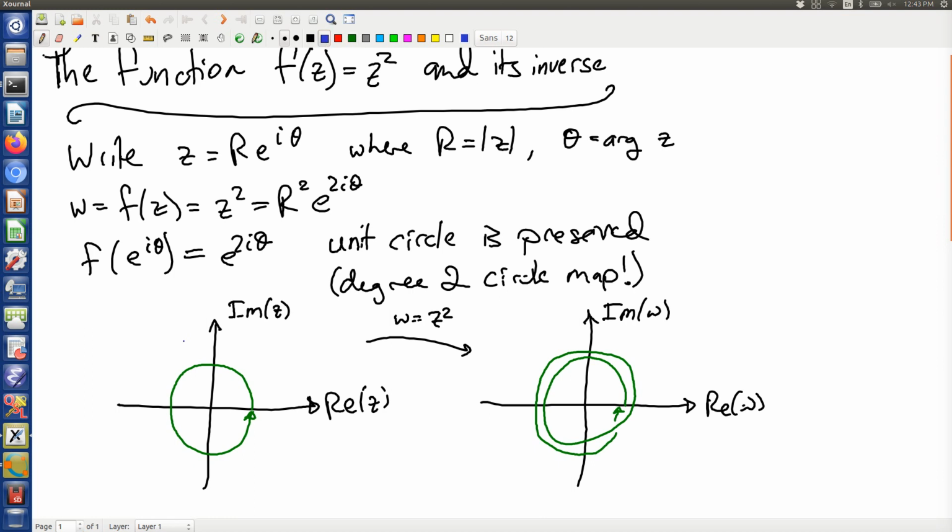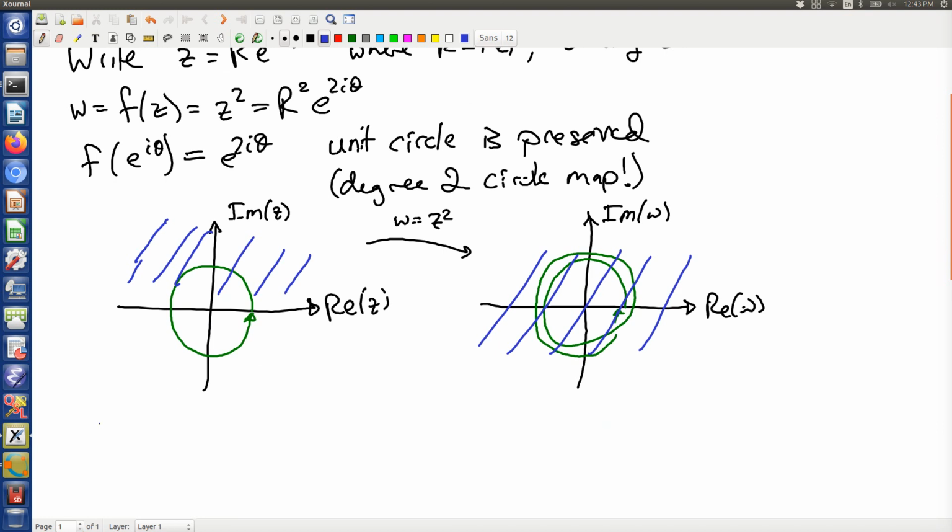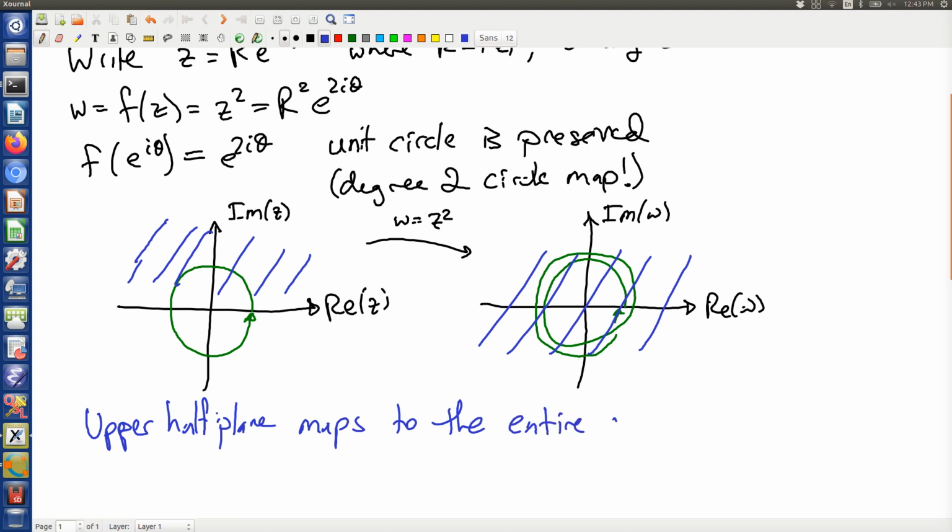So in fact, the entire upper half plane gets mapped to the entire complex plane.